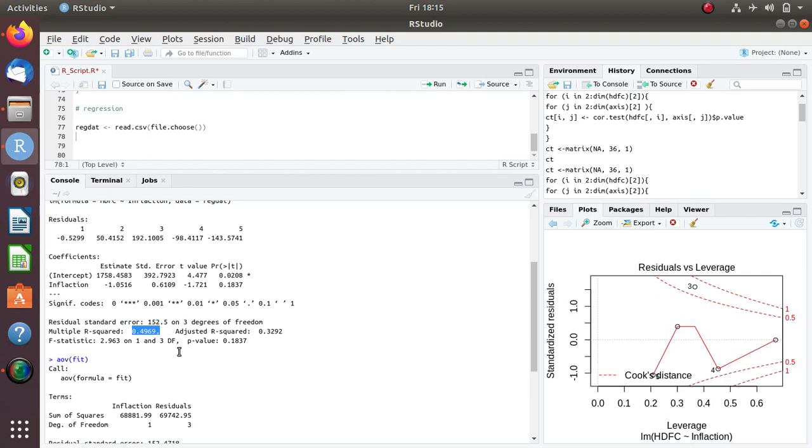That depends on the situation. In some situations that may be a big value, but in some situations it's not. But I'm sure that an R square value of this size is never a good value. In simple linear regression it should be close to 0.9, and the adjusted R square value is also not close to the multiple R square value, which means that we have a considerable amount of noise in our data.